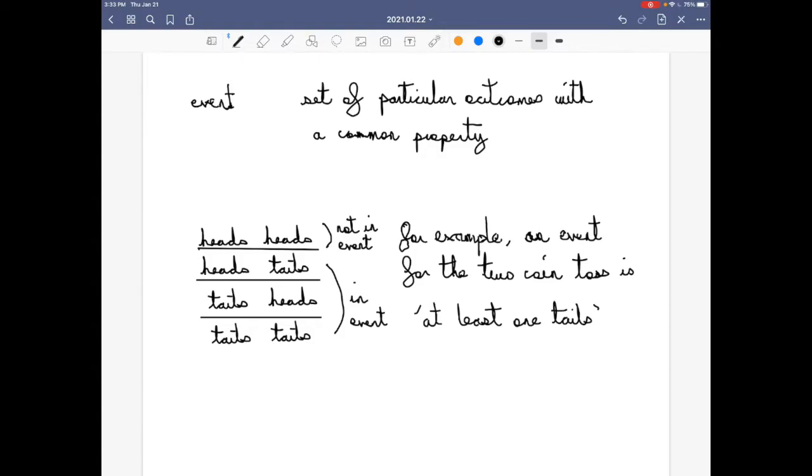It's a set of 3 outcomes within a larger sample space that contains 4 possible outcomes. There's this one outcome, heads, heads, which is a possible outcome of the experiment, but is not in the event we're considering, because it doesn't have the property that defines the event, where we look to see at least one tails.